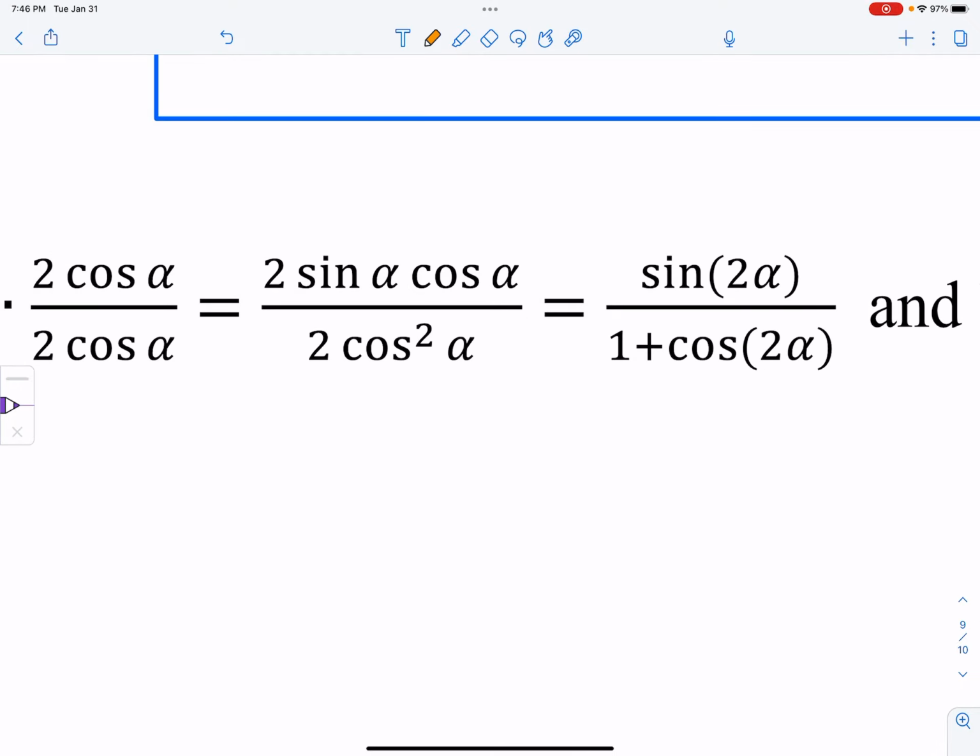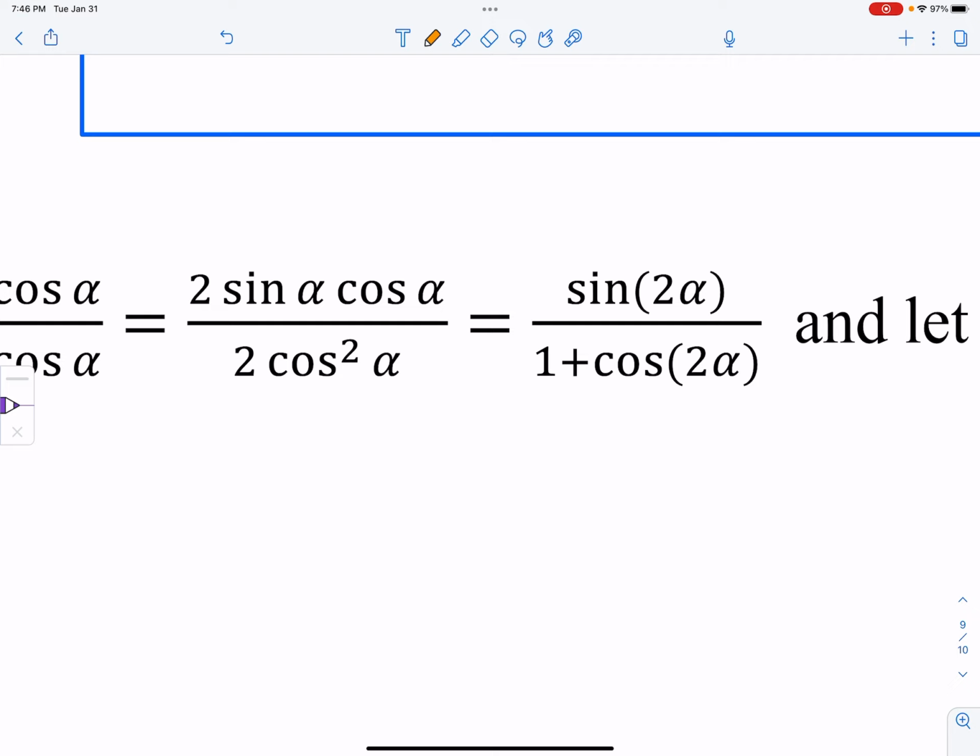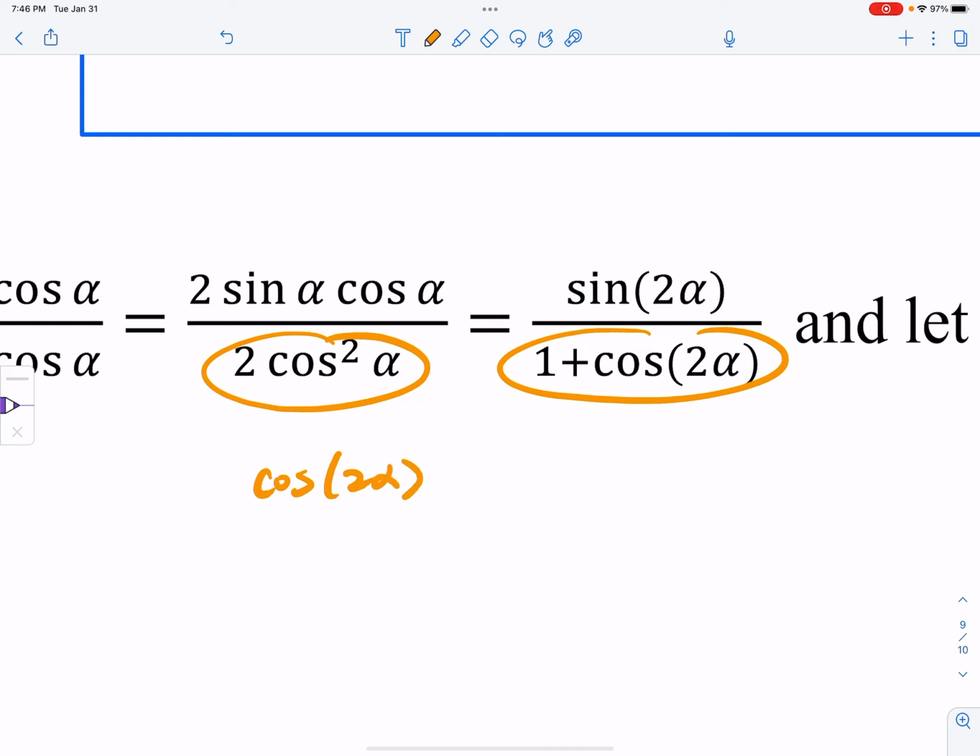Well, the numerator is equal to the double angle identity for sine, and then 2 cosine squared alpha can be replaced with 1 plus cosine 2 alpha, and that goes back to that third cosine double angle identity, 2 cosine squared alpha minus 1.